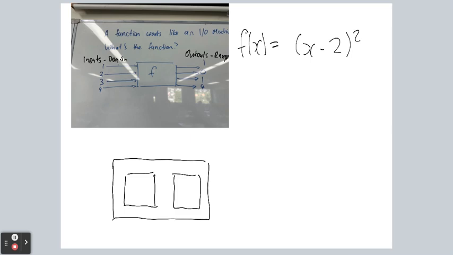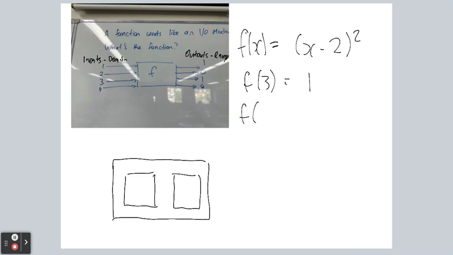We know that input can be anything. And when I say anything, I mean we can talk about f of 3 and get an output. We know the output is 1. We can see that in the black box in the left-hand corner there, but also because we can apply the rule for ourselves. 3 minus 2 is 1, 1 squared is 1. So we get an output like that.